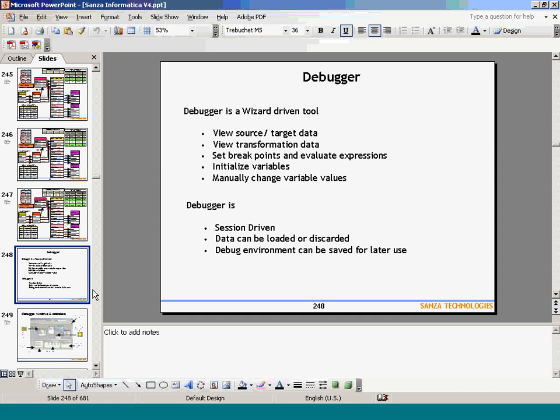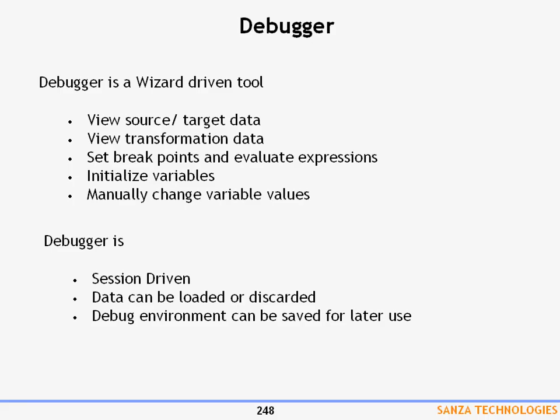Your data is correct but your logic may be incorrect, and you don't know. Sometimes you are in such a confused state about what each transformation will do and whether its output is coming right or not. Sometimes you'll face a lot of problems. Basically, in a mapping there are not just 1-2 transformations; there may be 5, 10, or 15 transformations. So where you are failing becomes very difficult to understand from a log file.